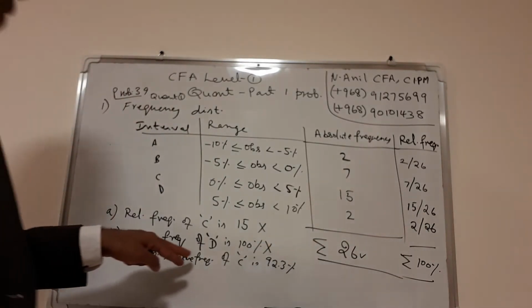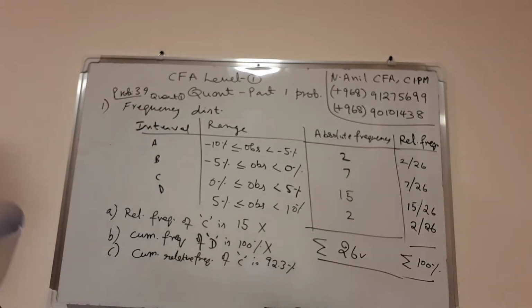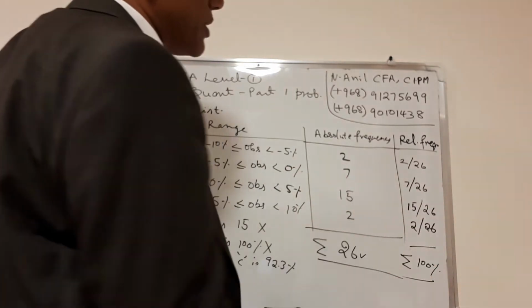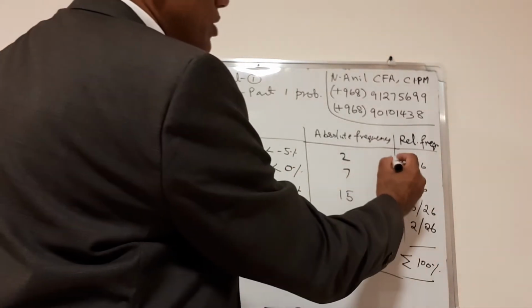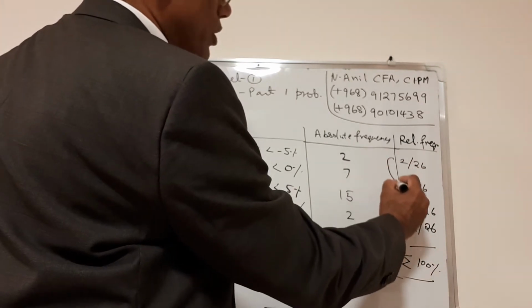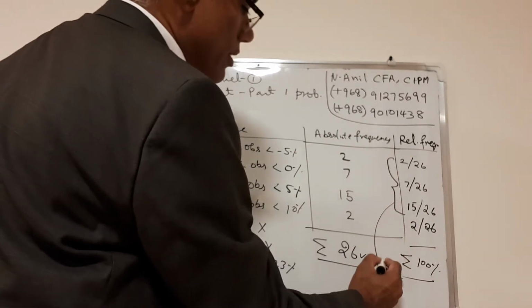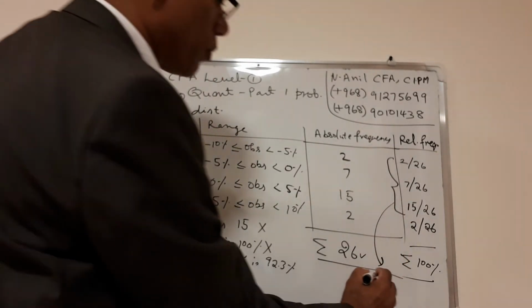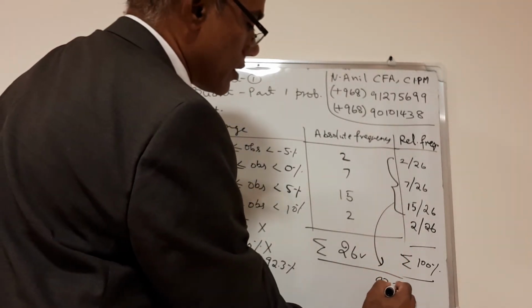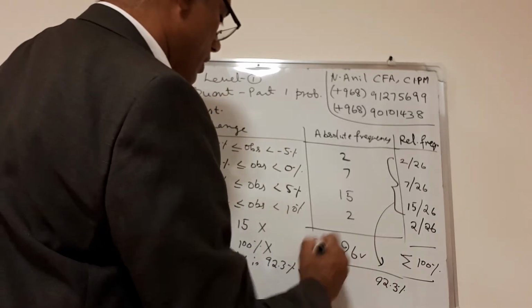The cumulative relative frequency of C. Cumulative means till C you have to add all these things. If you add all these things, it comes to 92.3%. So this answer is right.